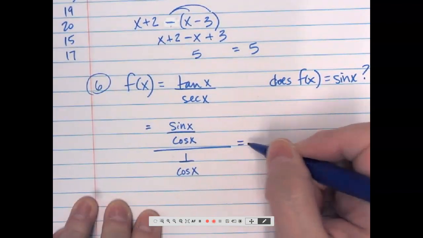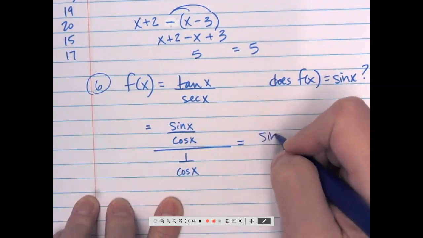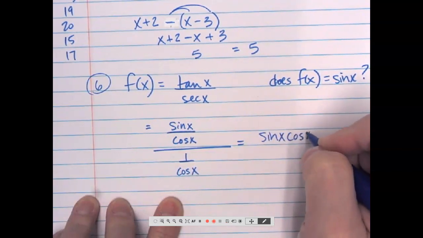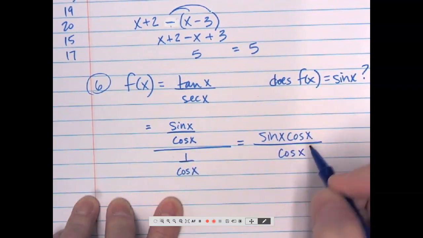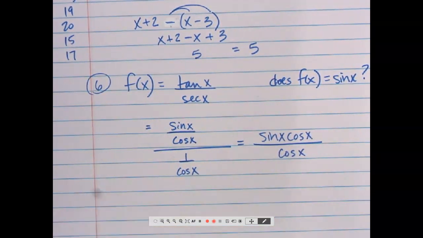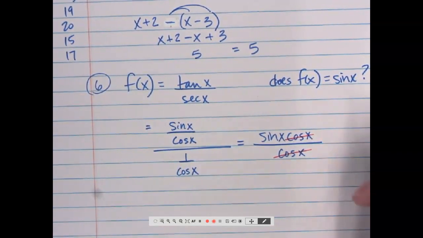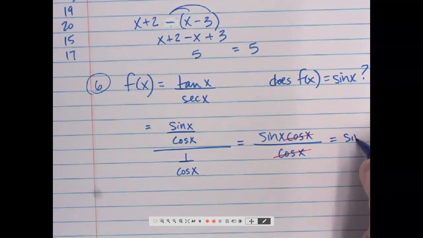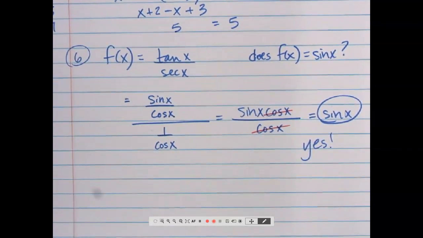And then if we simplify that, I will get sine cosine over cosine times 1 is cosine. I do have common factors of cosine that cancel, so that does equal sine x, and my answer would be yes.